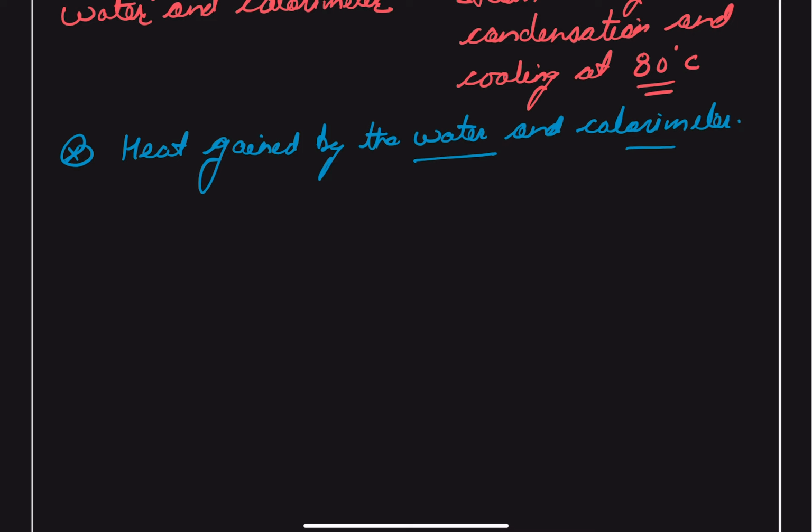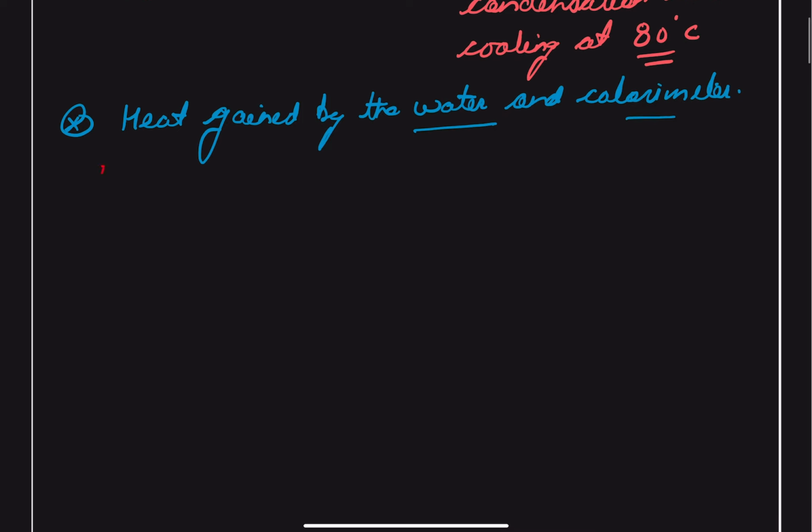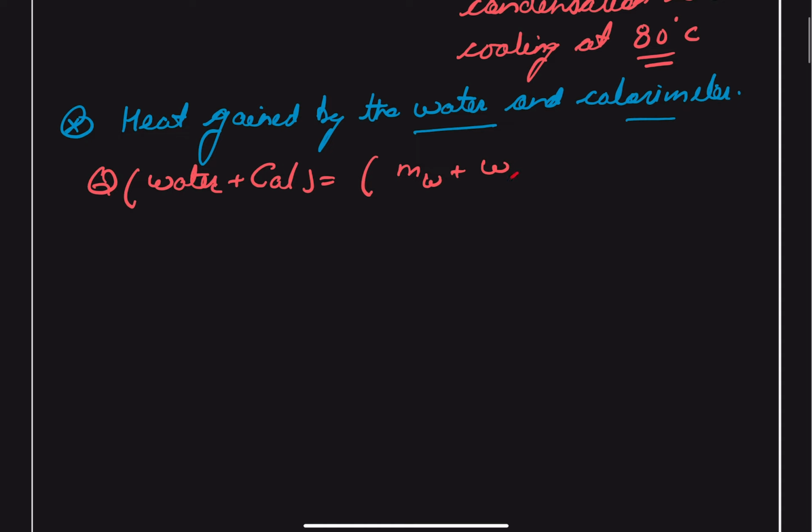Let us suppose that is given as Q with respect to water plus calorimeter, which will be equal to (mW plus Wc) multiplied by specific heat, final temperature minus initial temperature.